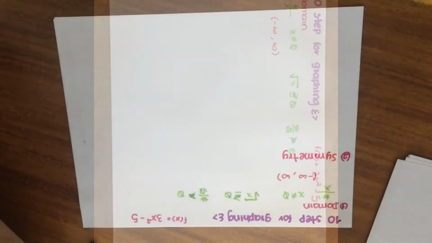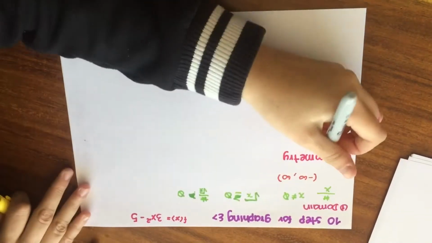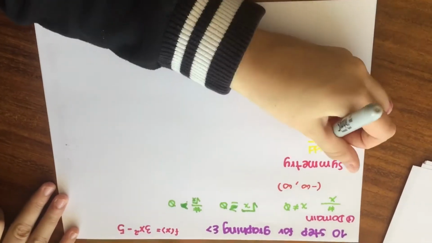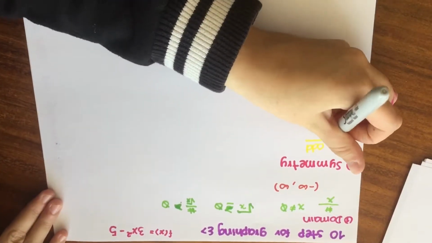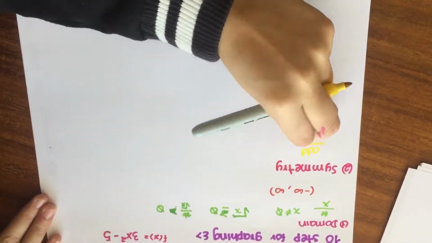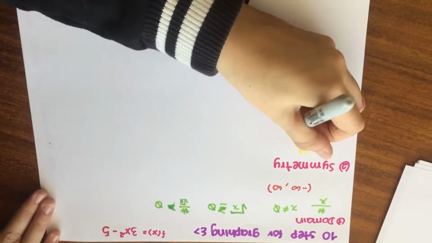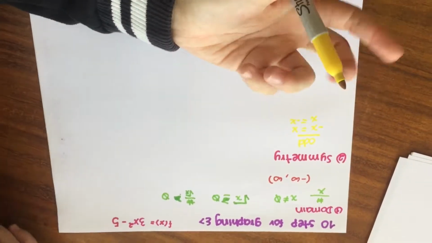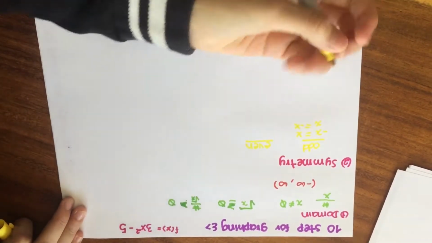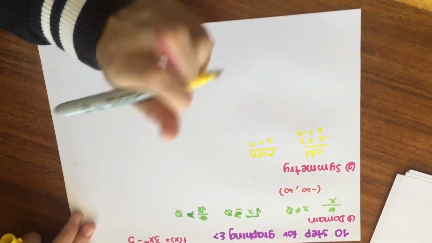We have the symmetry. We have two types of symmetry. The first one is odd, where all the x's change from positive to negative or the other way around, negative to positive. Or you can have even. Even is when x stays the same way, okay?